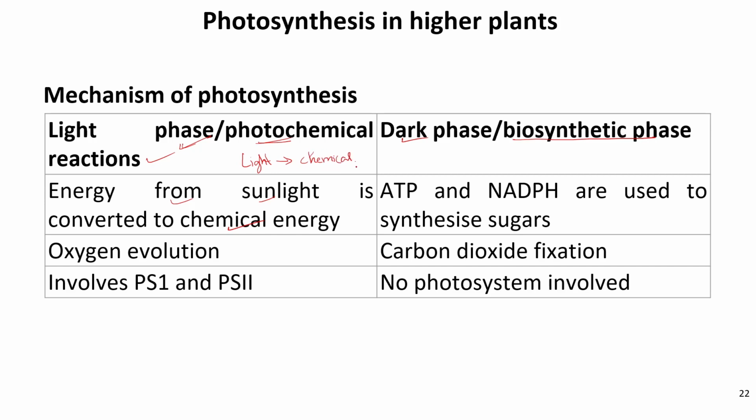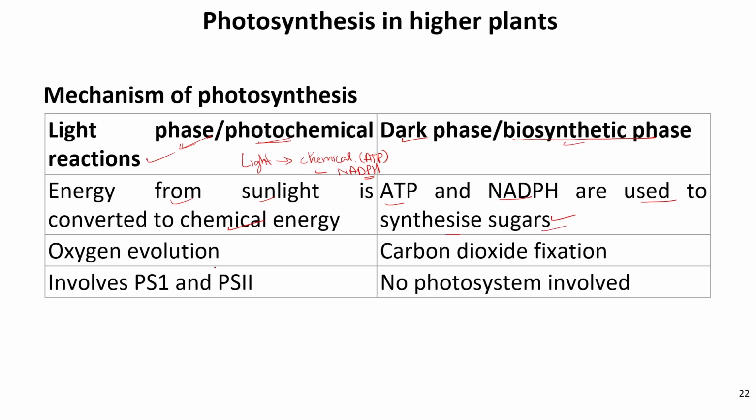This chemical energy is stored in the form of ATP and NADPH. These are the products of the light reaction, and both ATP and NADPH are used to synthesize sugars during the dark phase. That's why it's also known as the biosynthetic phase.